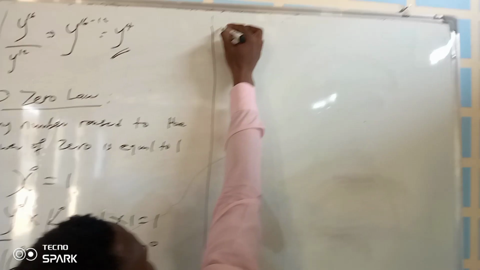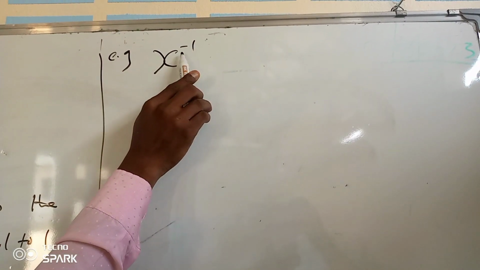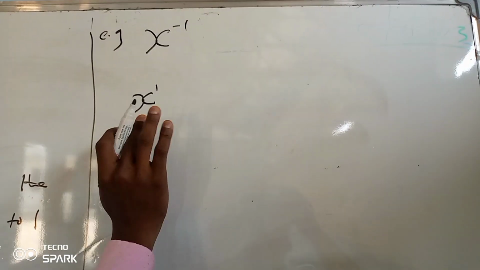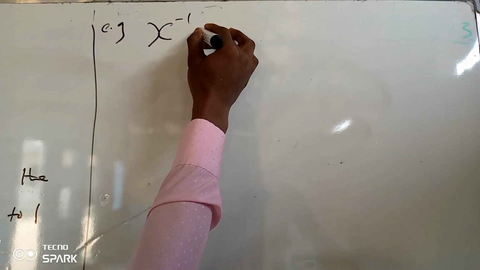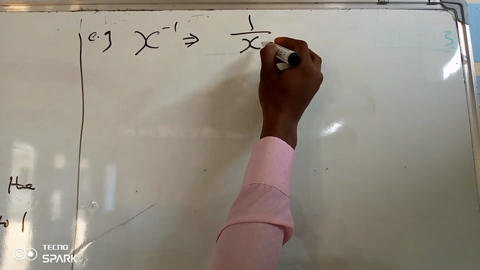Meaning that, for instance, if you have x to the power minus 1, now minus 1 is a negative power, while x to the power 1 is a positive power. So if a number is raised to a negative power, it will become the inverse of x.